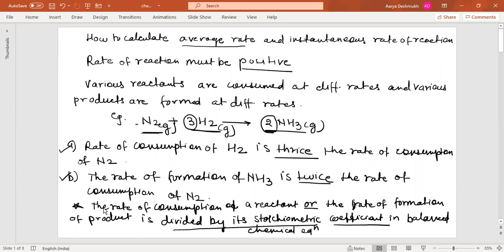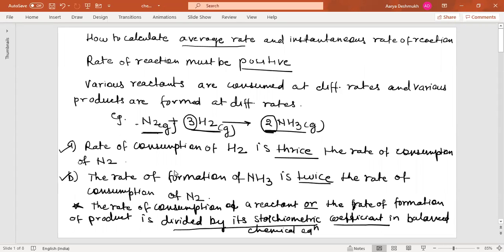Okay. So what does it mean actually? We'll be solving problems based on this, so you'll be more clear with this. But just looking at the reaction, you can say the rate of consumption of hydrogen is thrice the rate of consumption of N2, because 3 moles of hydrogen are consumed with respect to 1 mole of nitrogen. And 2 moles of ammonia are formed by consuming 1 mole of nitrogen, isn't it?